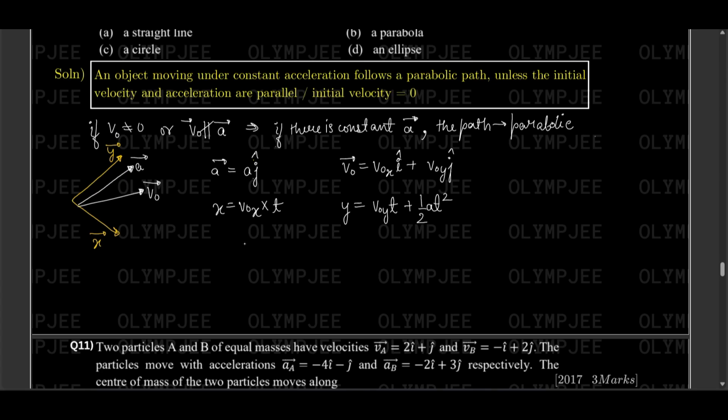So to find the path of any point, we need to eliminate the time component. We only need x and y in the equation, right? So I'll eliminate time using this.